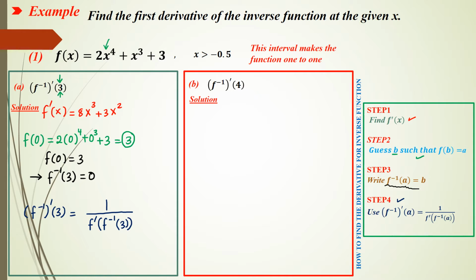Now f inverse of 3 is equal to 0, so this equals 1 over f prime of 0. You have to replace x equals 0 in the derivative function and you will get 0. So f inverse prime of 3 is undefined for part A.